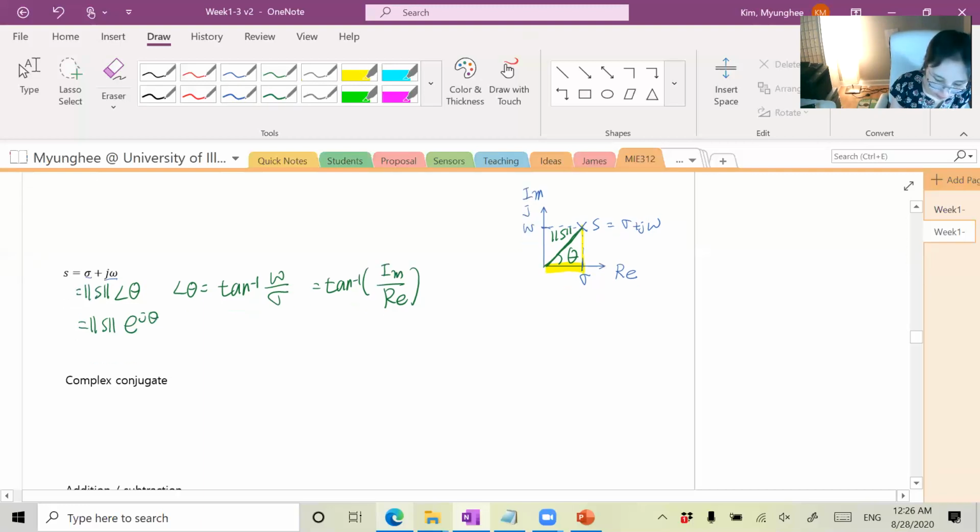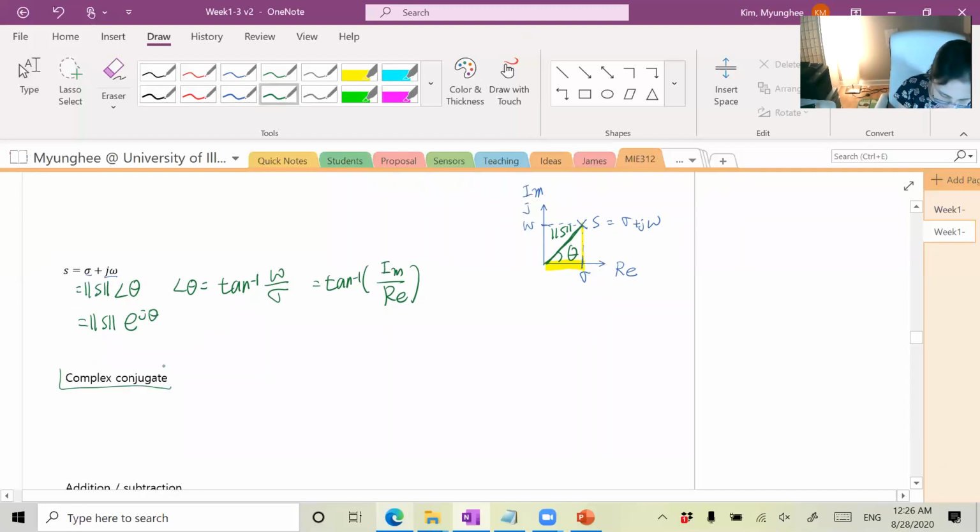Then there's something called the complex conjugate. So let's say S equals sigma plus j omega. The complex conjugate, S star, is nothing but sigma minus j omega. So in this complex domain, the sigma is the same, but we now have negative omega.